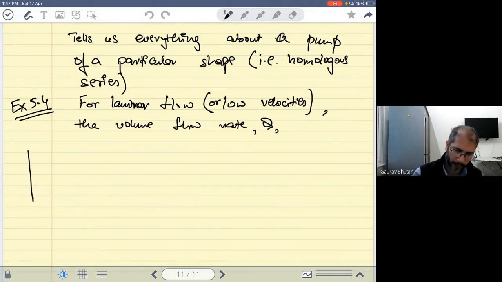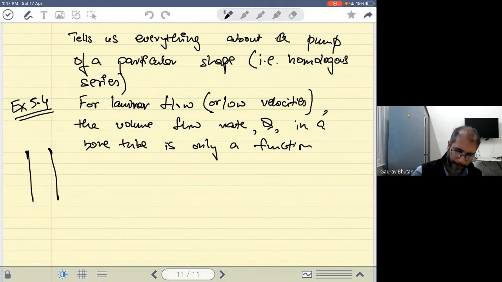Okay, so you have a bore tube, that you typically have a bore well. So you bore a hole in the earth surface, and we have noticed that for low velocities, the volume flow rate Q is only a function of, sorry, three variables.